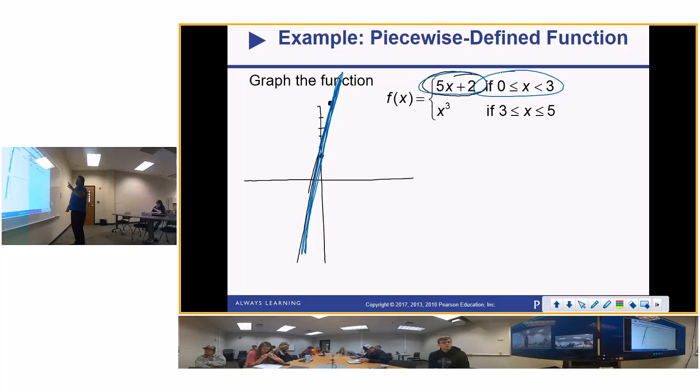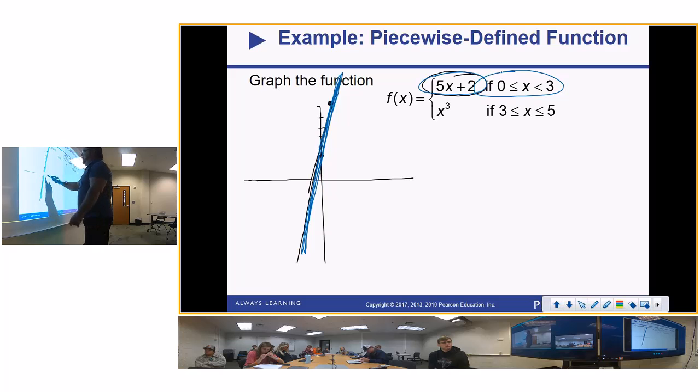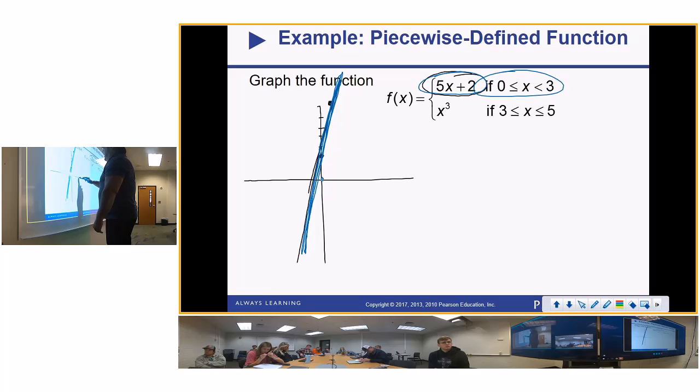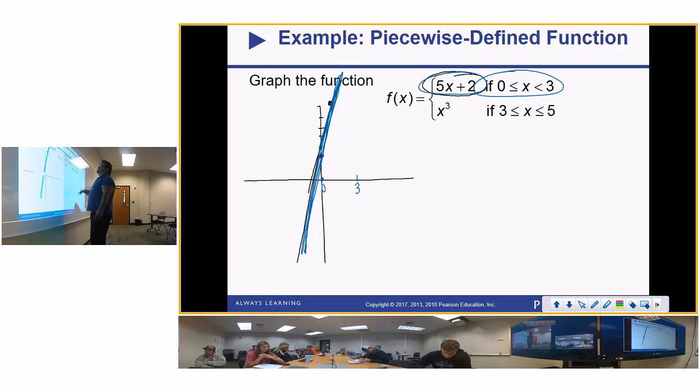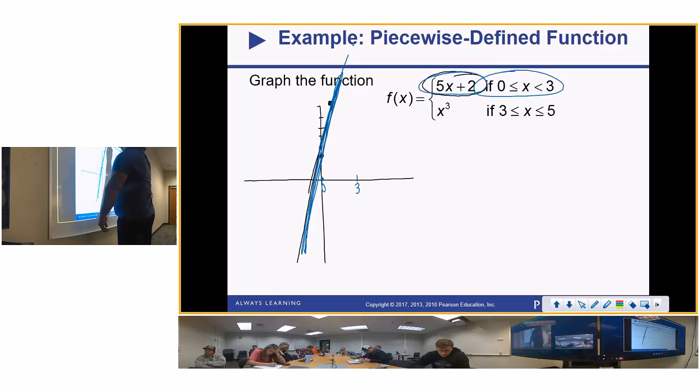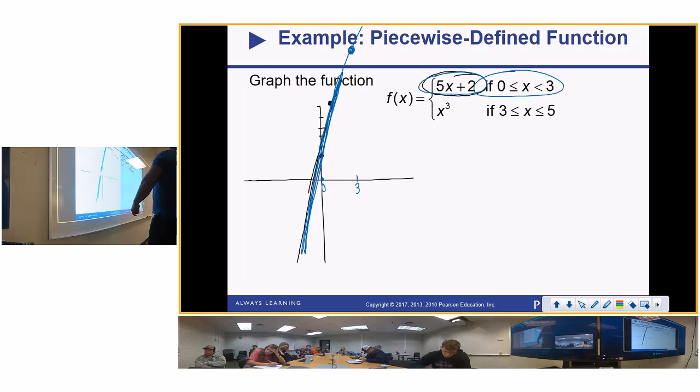So I can only use x equal to 0 and x equal to 3. So 3 would be 15 plus 2, which is what? 17? So that's going to be way up here. It's less than 3, though. It's not equal to.